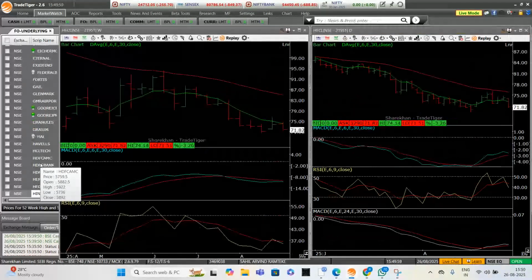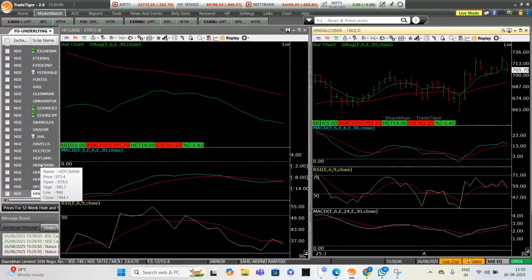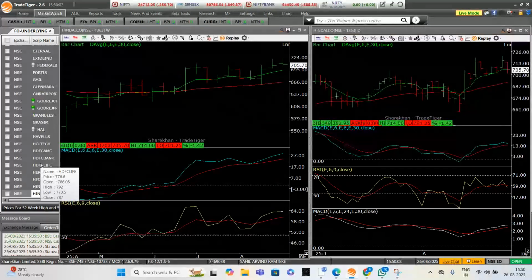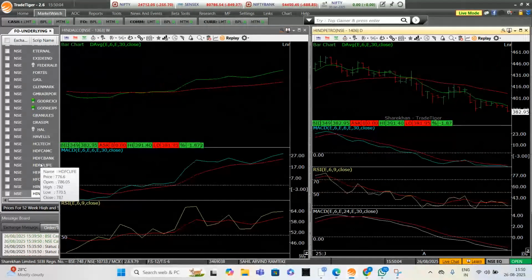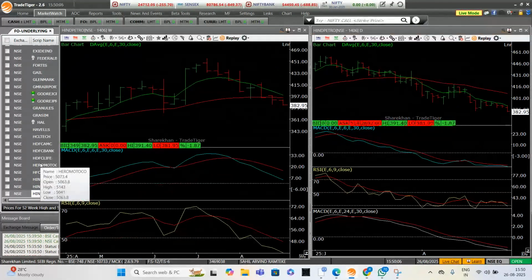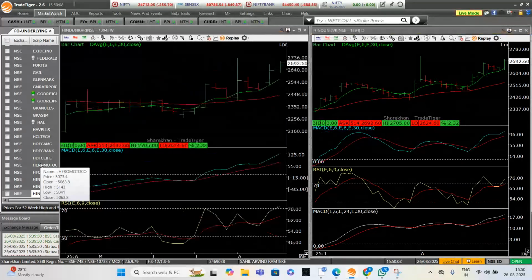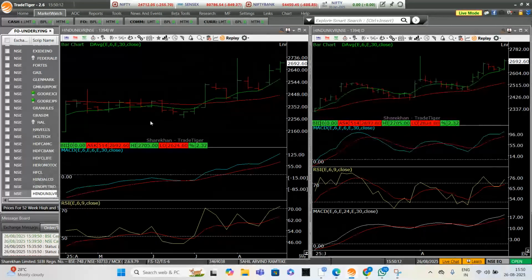Just see 1 or 2 more examples I'm looking for. जैसे ये हिंदुस्तान यूनिलीवर, if we can see, this has come to the weekly support zone over here.